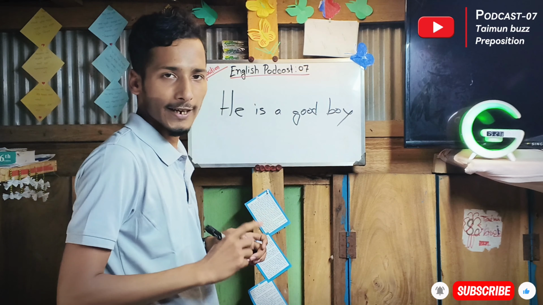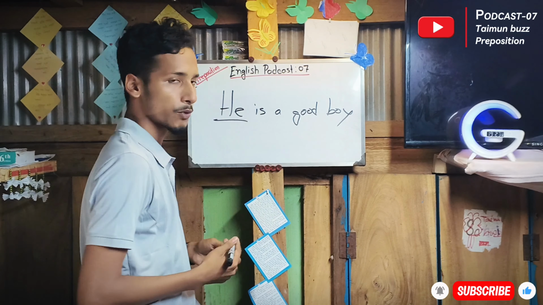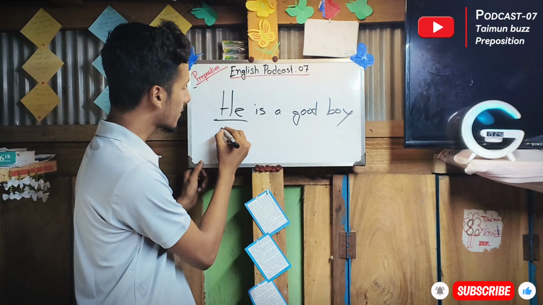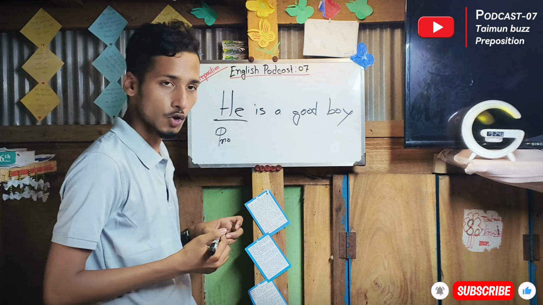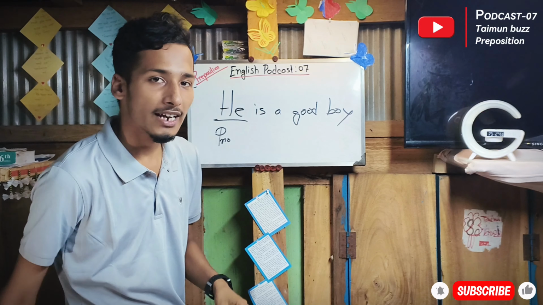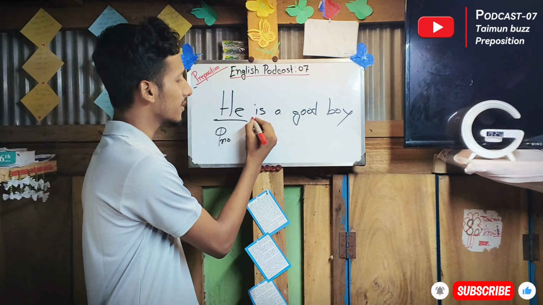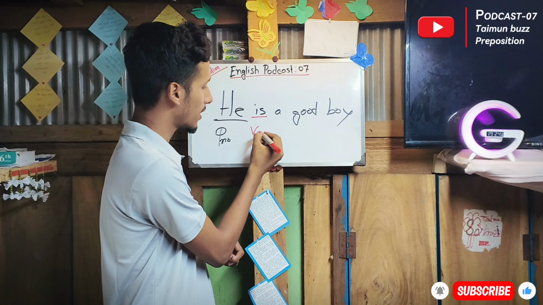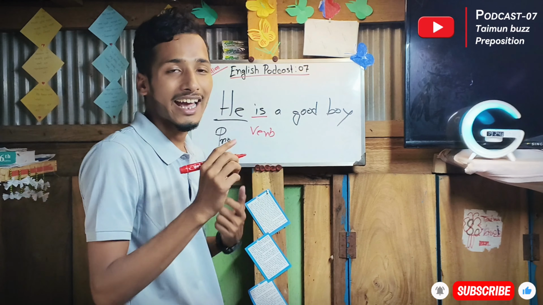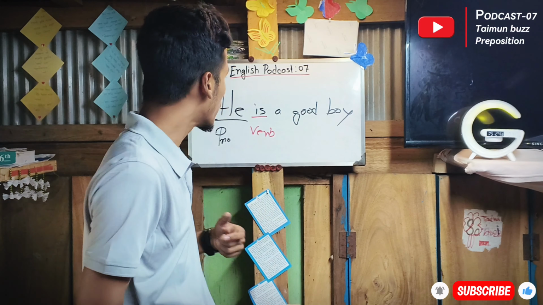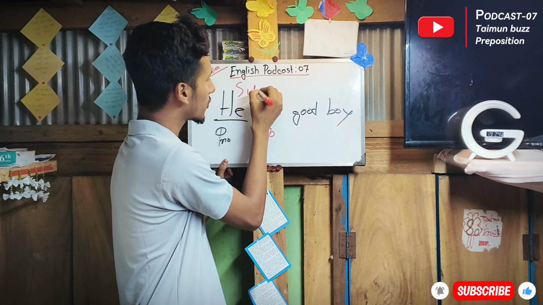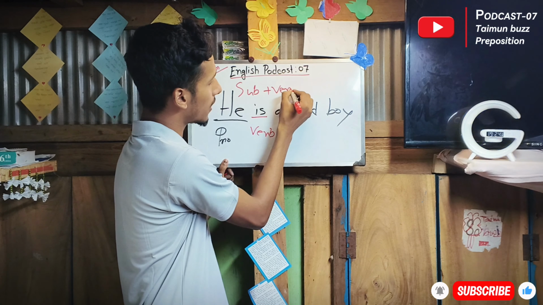Now, if I ask you what is the part of speech of he, you should know this is a pronoun. Now, if I ask what is "is", you should know this is a verb, because we know a structure that is subject plus verb plus object.